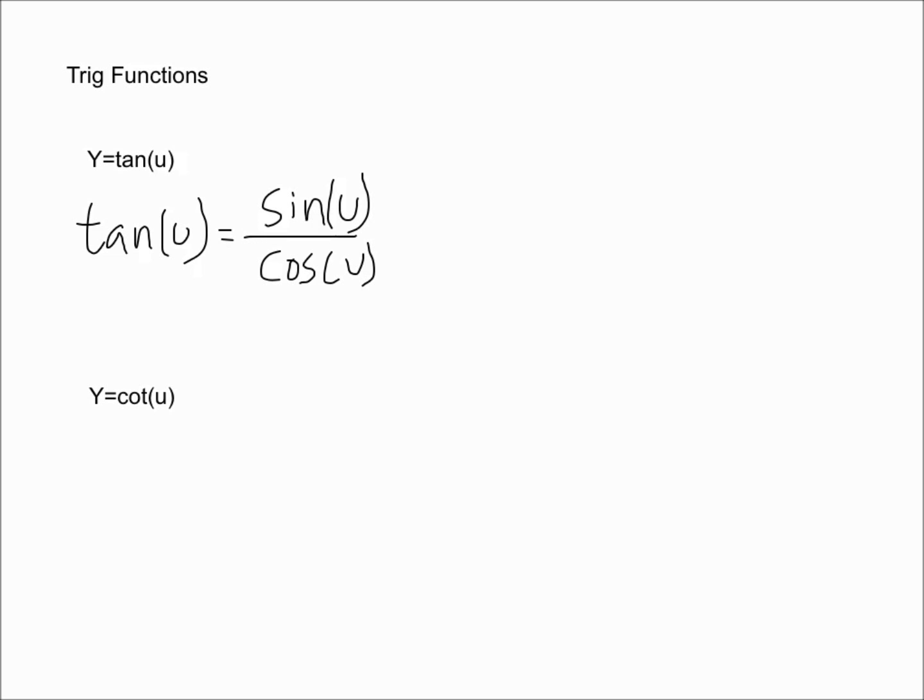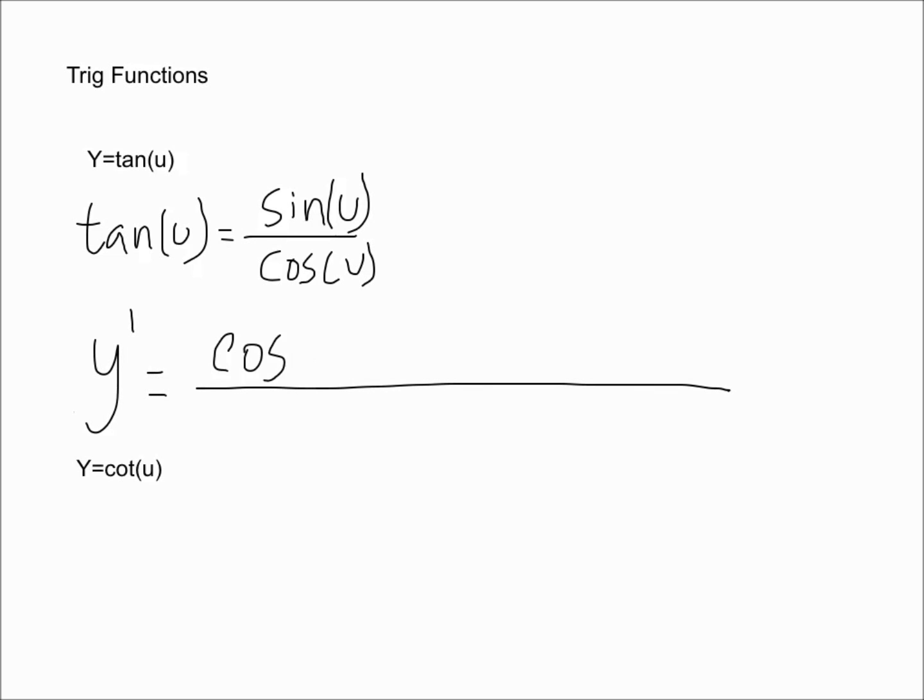So to show you how it would be, we would have that y prime would be equal to the cosine of u times the cosine of u.